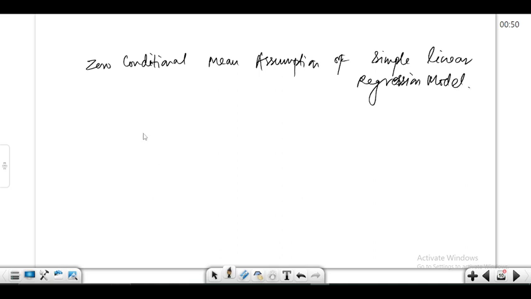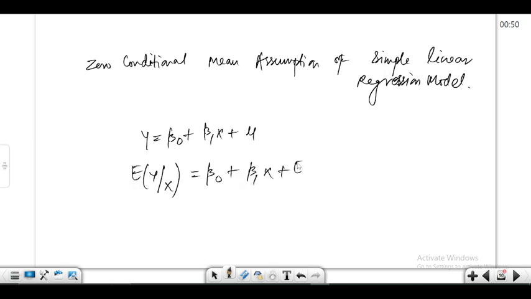Now if I take y is equal to beta naught plus beta 1x plus u, and I take the expected value of y given x, it is equal to beta naught plus beta 1x plus the expected value of u given x. Why? Because this is the model, this is your x, and this is your y.